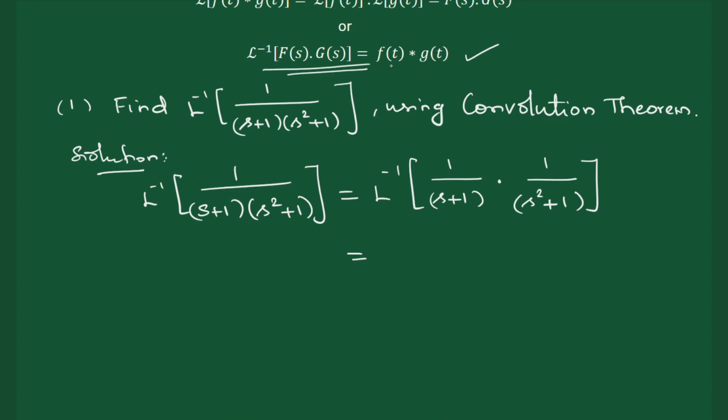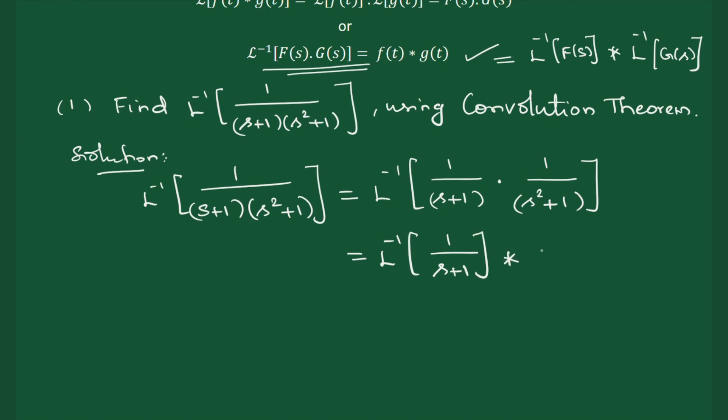So what do you mean by f of t? f of t is nothing but L inverse of F of s, star g of t, which is nothing but L inverse of G of s. Here, if we want, we can include one more step by writing it like this, star L inverse of 1 by s square plus 1. So now it is easy to identify what is f of t and g of t.